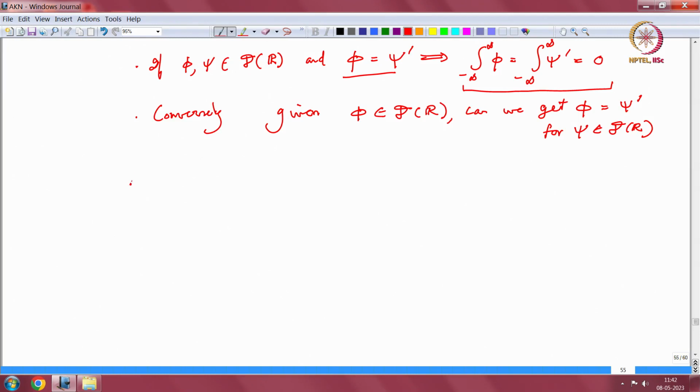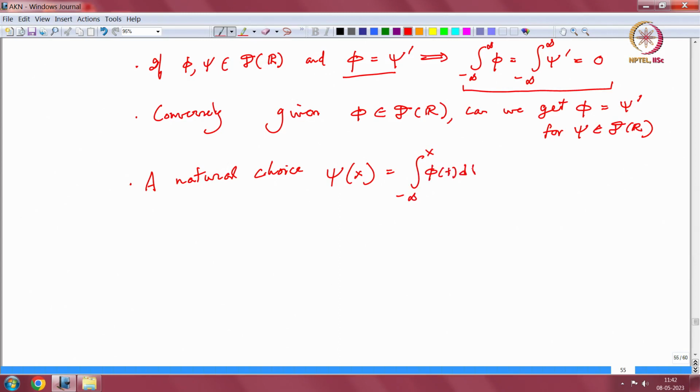A natural choice for this is a kind of antiderivative. For any phi, you define psi of x equal to the integral from minus infinity to x of phi of t dt.